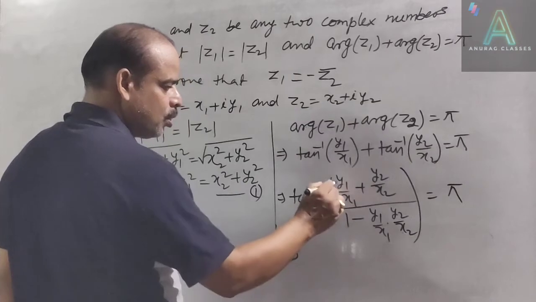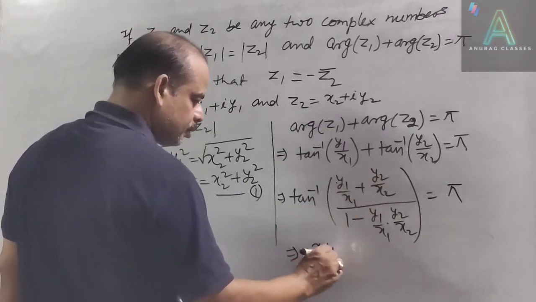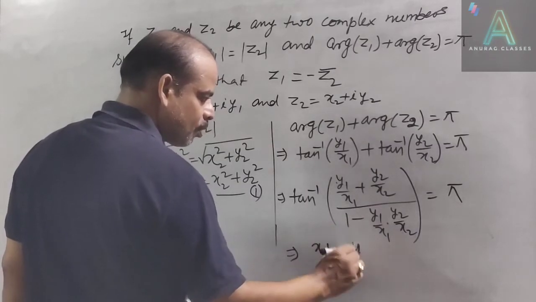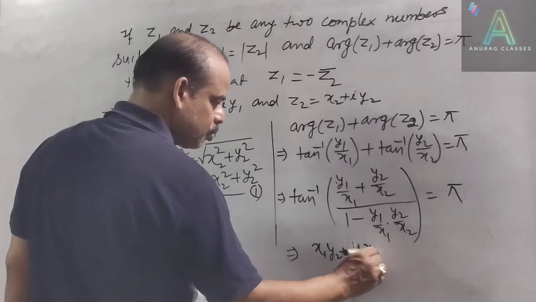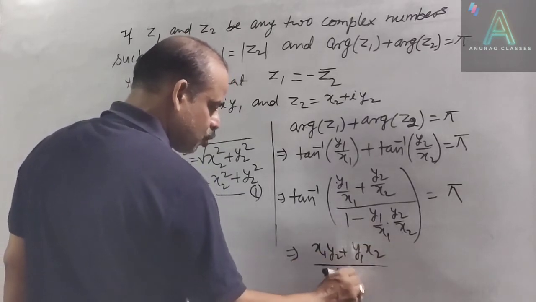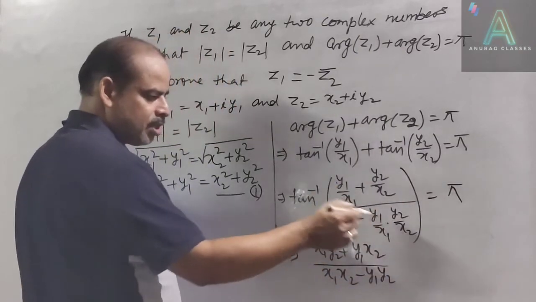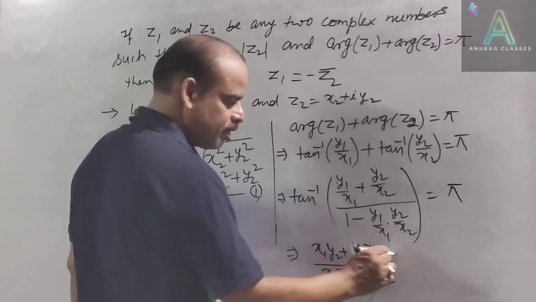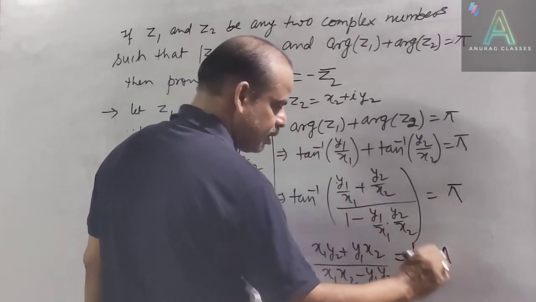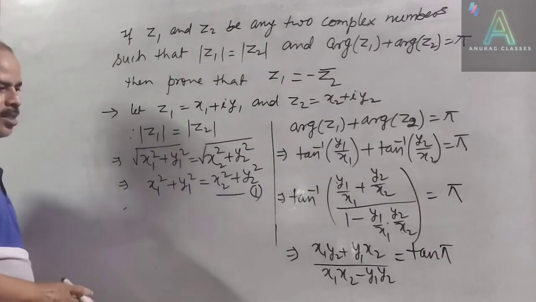This implies x1 y2 plus y1 x2 divided by x1 x2 minus y1 y2. I have taken the LCM and x1 x2 is cancelled from both numerator and denominator. This tan inverse becomes tan on the other side, tan pi. So let us move to the next step.